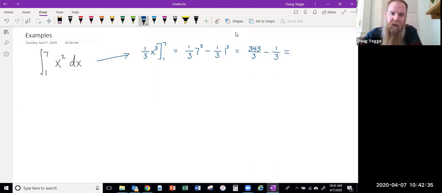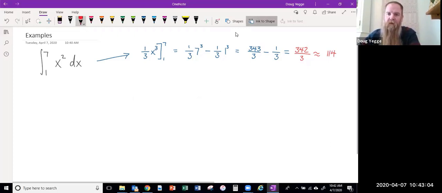And therefore, my exact area is 342 over 3, which is exactly equal to 114. Okay. So what you should realize is we have just calculated the exact area.